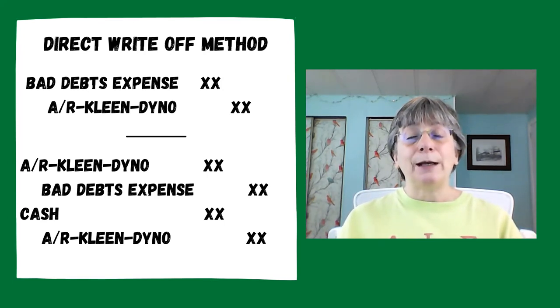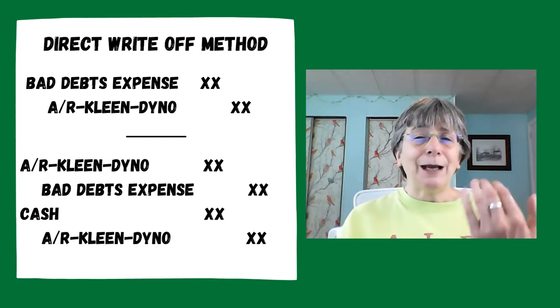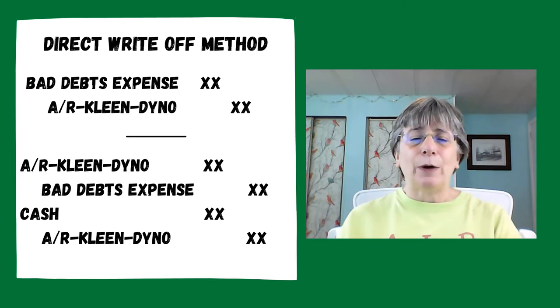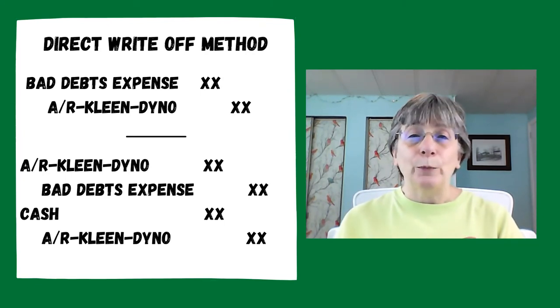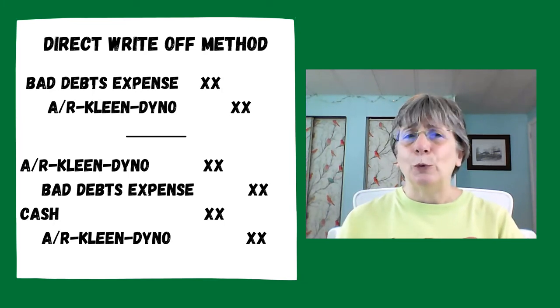So we're going to debit accounts receivable, Clean Dino, and we're going to credit bad debts expense to reduce that by the same amount. And then we would book the payment as a debit to cash and a credit to accounts receivable Clean Dino, like we would with any other regular accounts receivable payment.